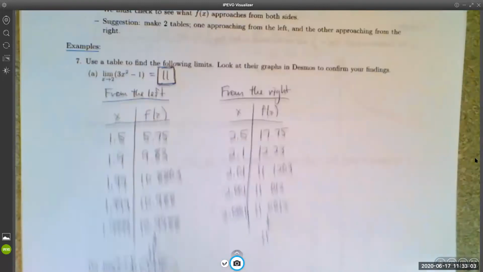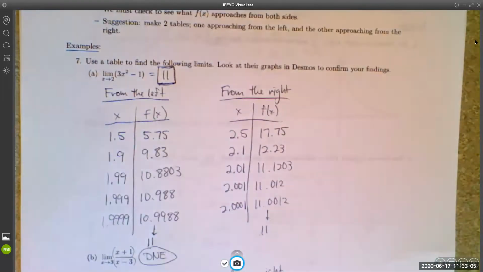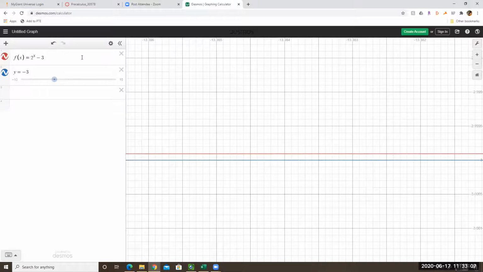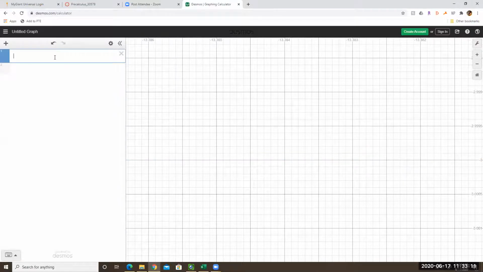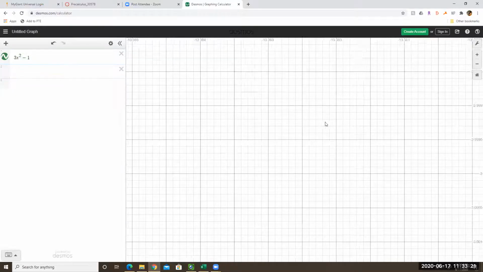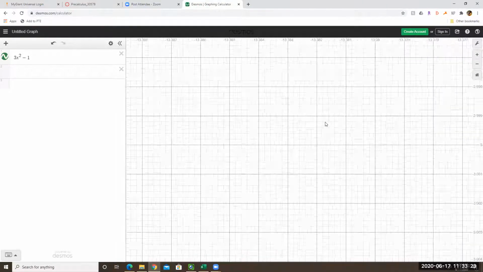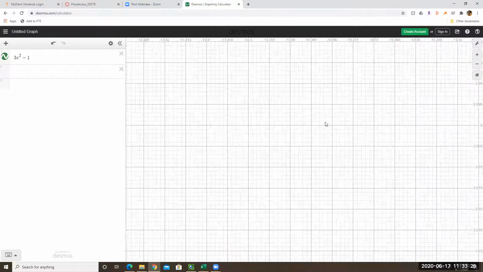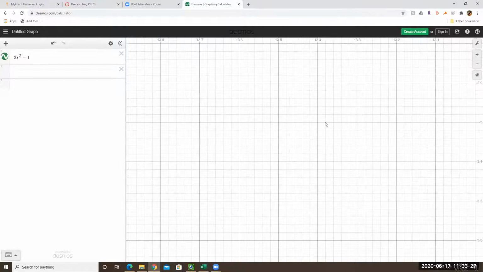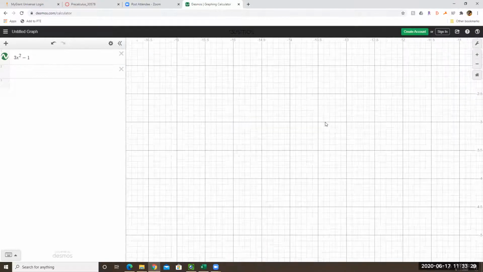Anyway, we were supposed to use Desmos to confirm our findings. Let's do that now. So the first function was 3x squared minus 1. Oh goodness, where am I? I need to zoom out a bunch.